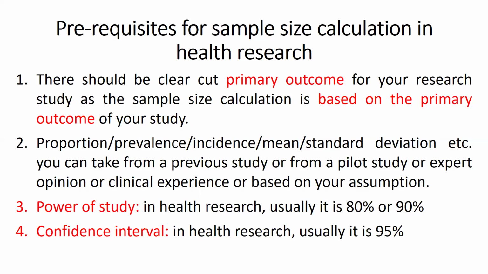Then the power of the study, whether 80% or 90%, and the confidence interval, usually 95%, two-sided. One-sided is used in superiority and non-inferiority trials, which we will discuss tomorrow.